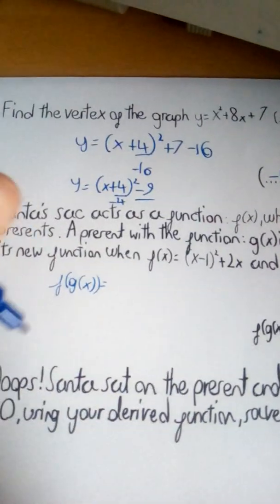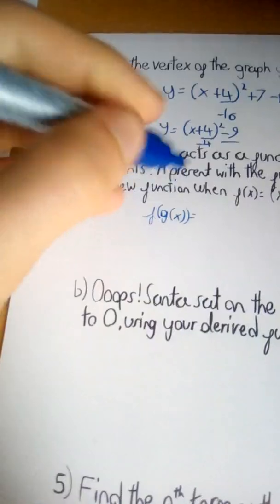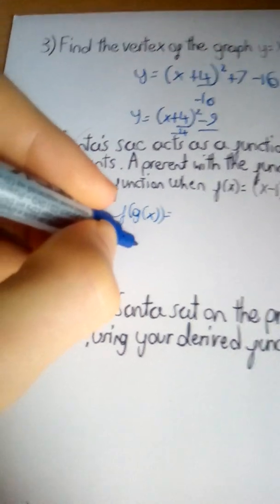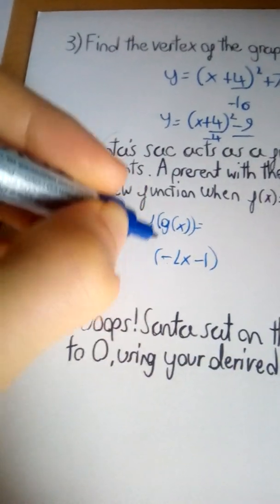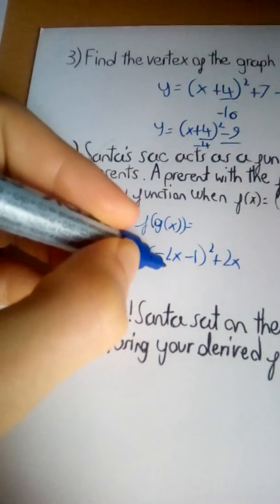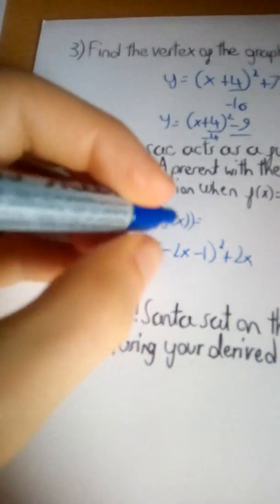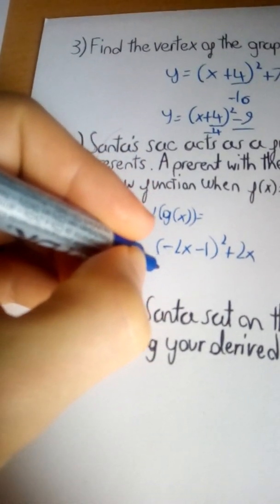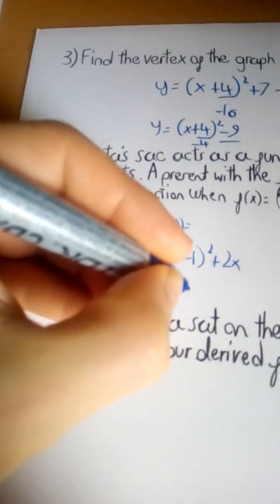So, right, I'm going to substitute g of x where there's an x in f of x. So I'm going to get, instead of x minus 1, I'm going to get minus 2x minus 1 all squared plus 2x. So I'm going to expand this bracket, so I'm going to square both these terms and times them together and double that, so I get 4x squared plus 1.